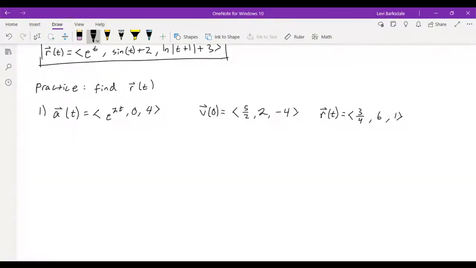All right, let's go over this. So to start off with, we can find our general velocity vector by integrating our acceleration vector. And when we integrate, we get 1/2 e to the 2t plus c1. The integral of 0 is just a second constant. And lastly, we get 4t plus the third constant. And when we plug in 0, we would get 1/2 plus c1.